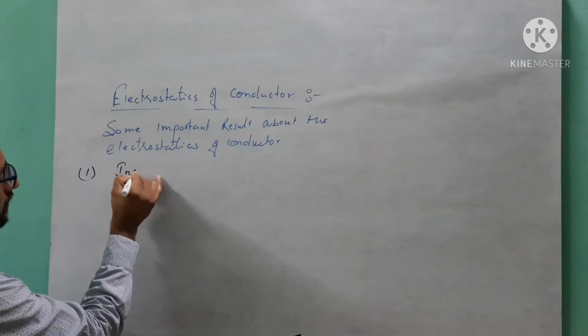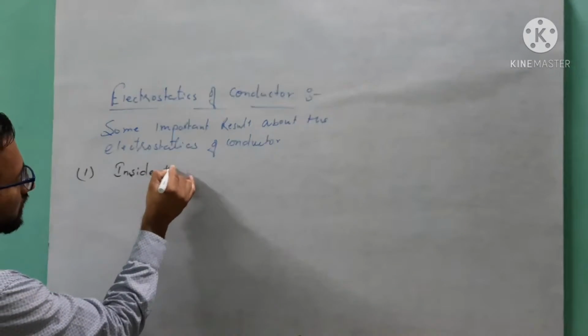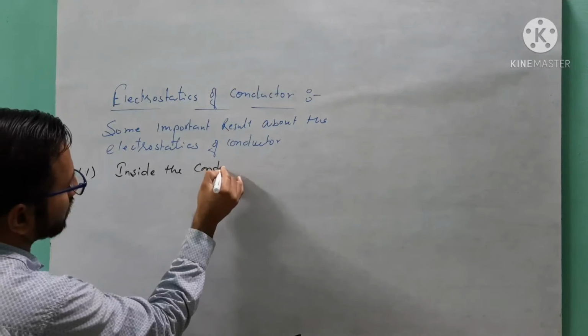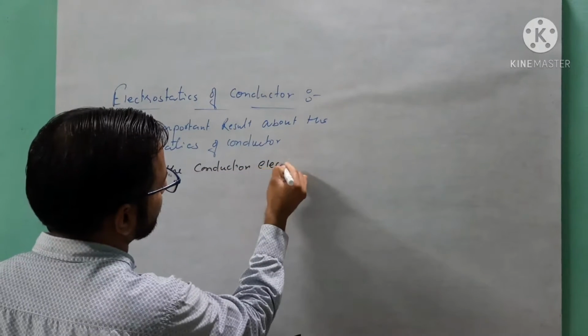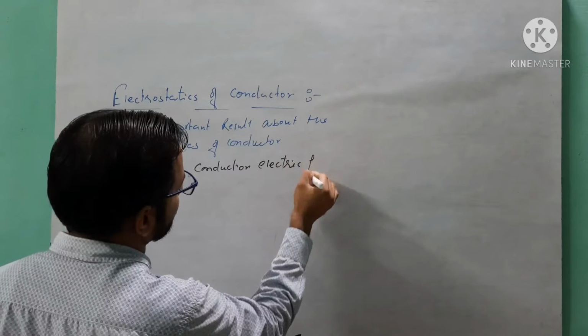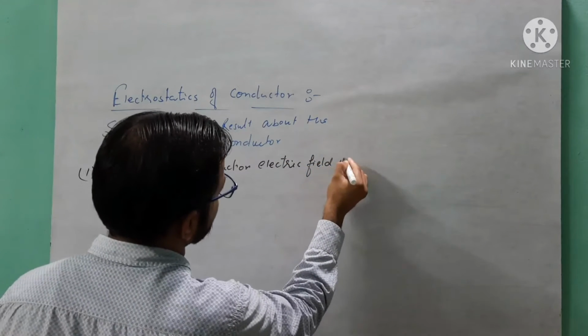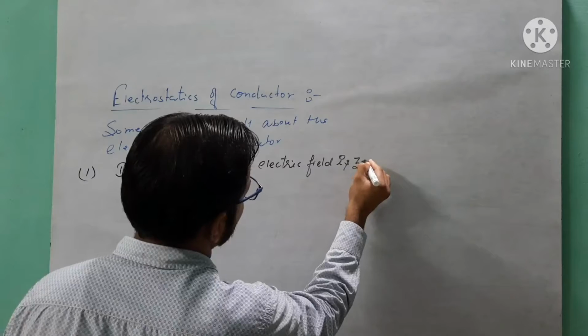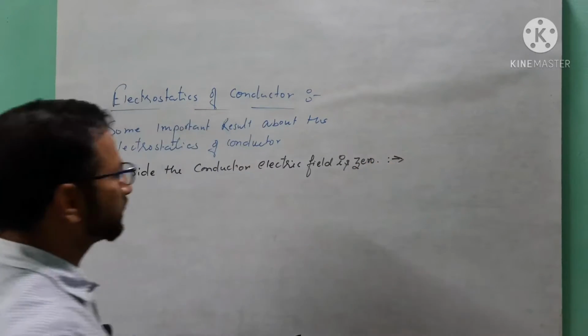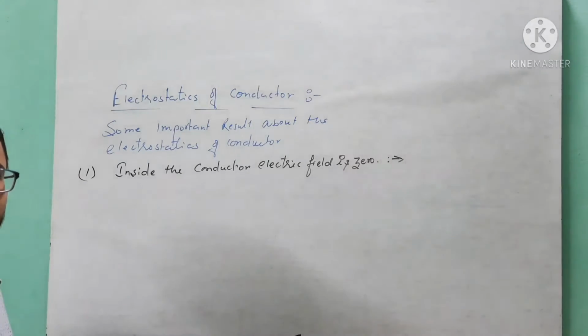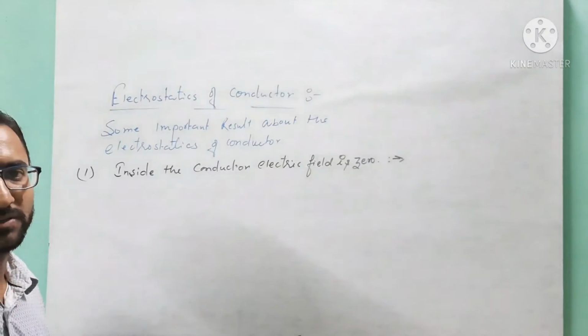Inside the conductor, electric field is 0. Means here we are talking about the condition of a conductor when it is placed in an external electric field.